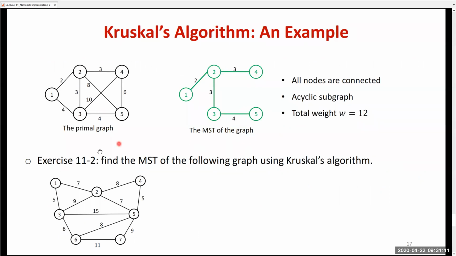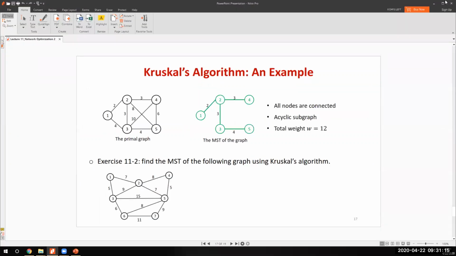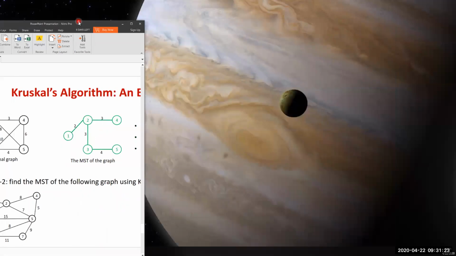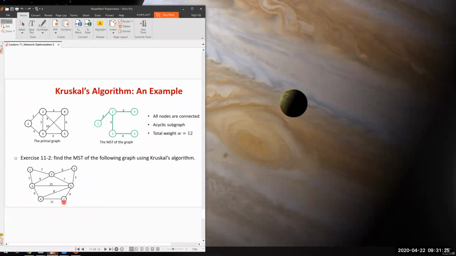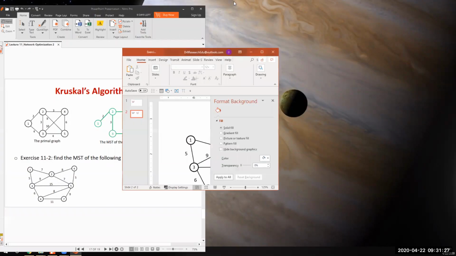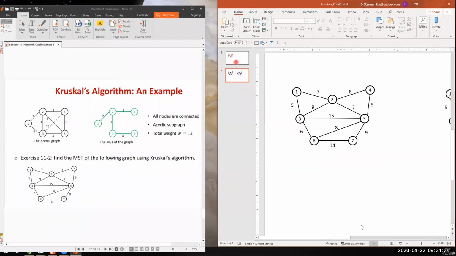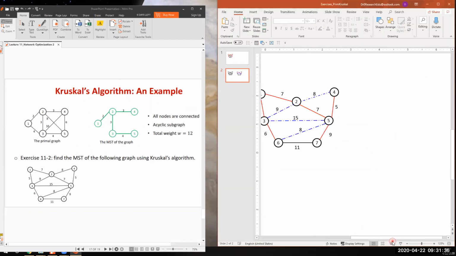And then, for example, in this exercise, very similar. My final answer is this, right?